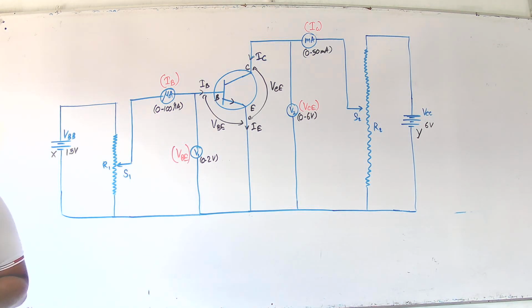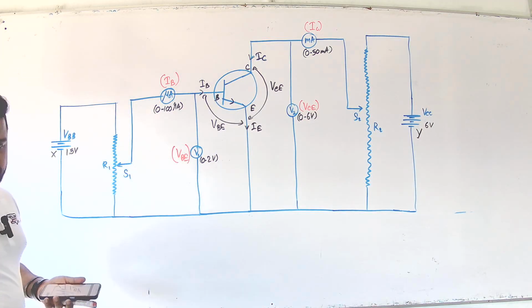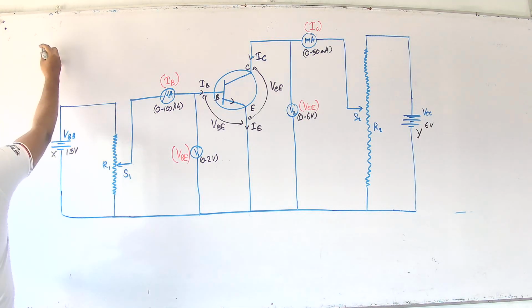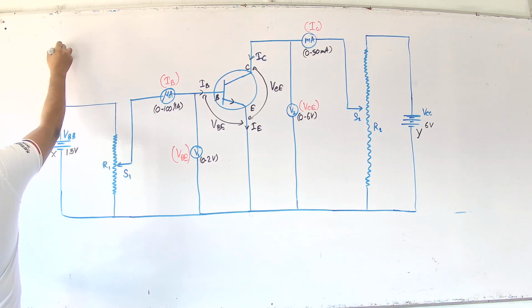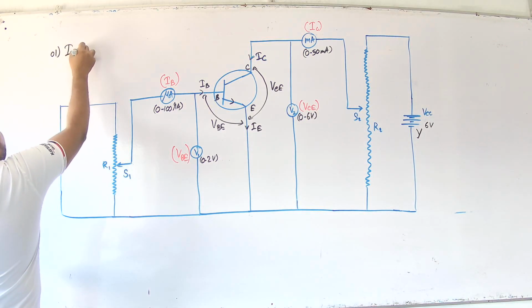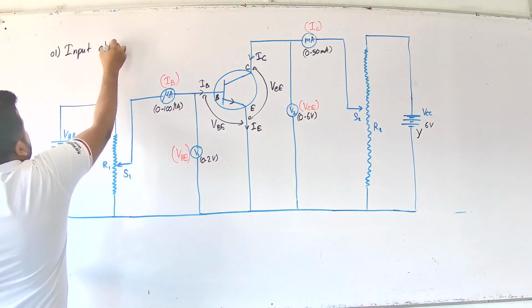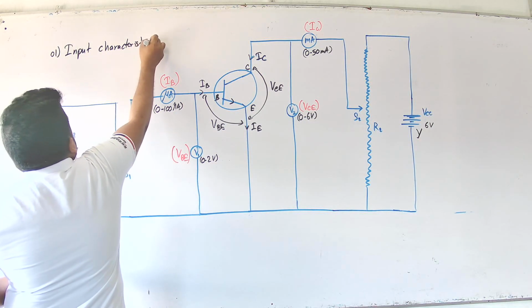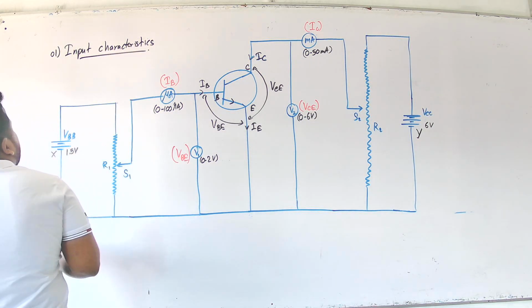Then write down: input characteristic. How can you find out the input characteristics?